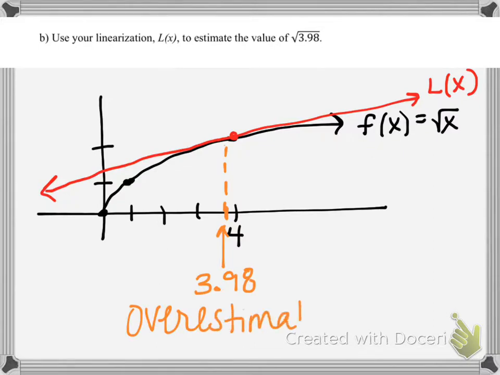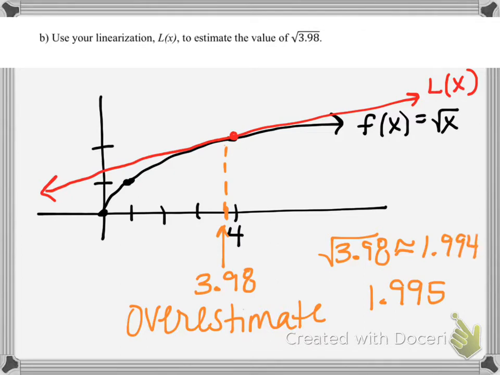And you saw that in the calculator as well when you typed in the square root of 3.98 and compared that to our estimate. Remember, our estimate was 1.995. In the calculator, the square root of 3.98 was 1.994 with some additional decimals. So you can see our value of 1.995 was a little bit larger than the actual value.